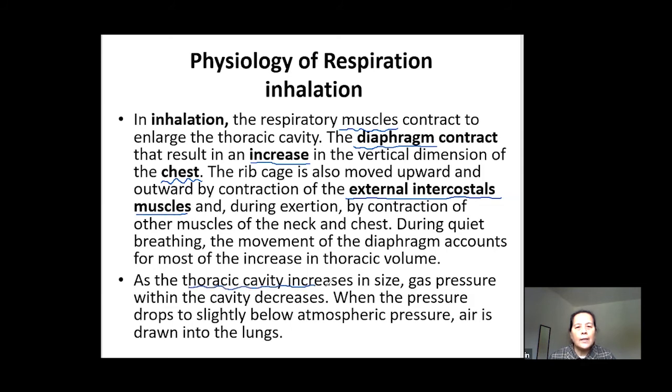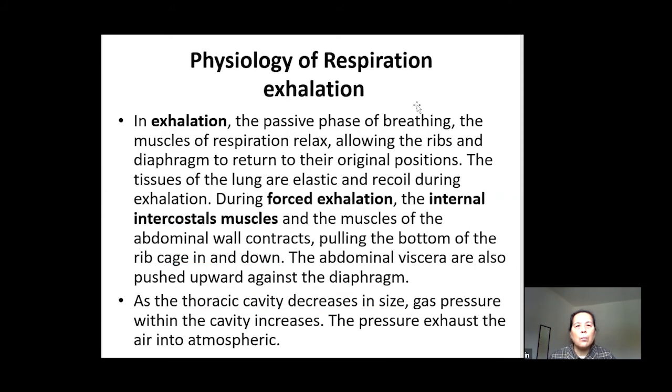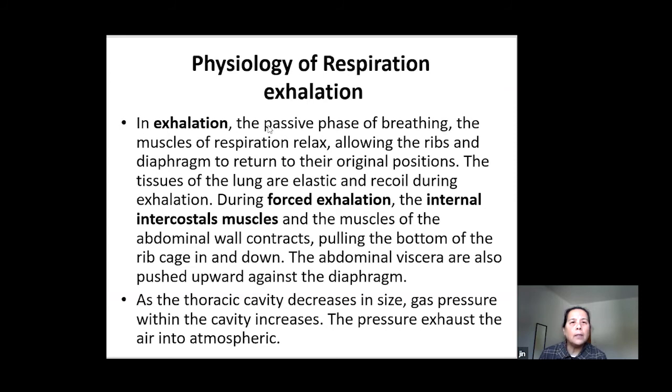So when the chest cavity increases in size, the pressure will decrease. When the chest cavity decreases in size, the pressure increases. That basically makes our air move. During inhale and exhale, the muscle contractions make the air pressure change. So that's why the air can go into the lung and leave the lung.